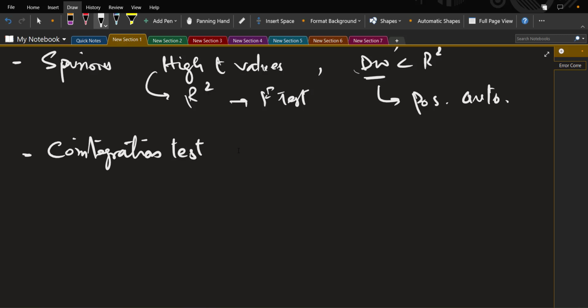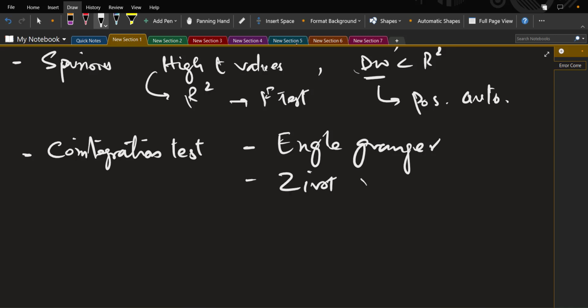There are several ways to do it. For simple variables, we can use the Engle-Granger test for co-integration, or there are some other tests. I don't remember most of their names. Then there is Zivot-Andrews.